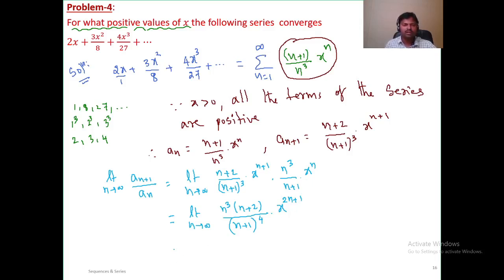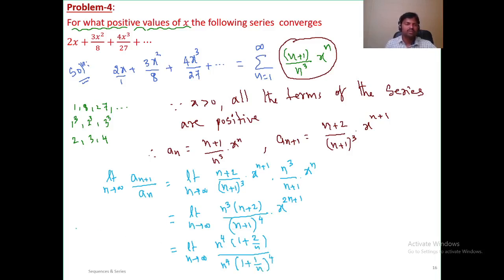Before that, let us simplify. Limit n tends to infinity. Let us take one n common from the numerator. So n into n power 3, total n power 4, 1 plus 2 by n, divided by the denominator also, inside the bracket. Let us take n common, but since the power is 4, n power 4 will come out, 1 plus 1 by n. Listen once again: inside the bracket I am taking one n common.